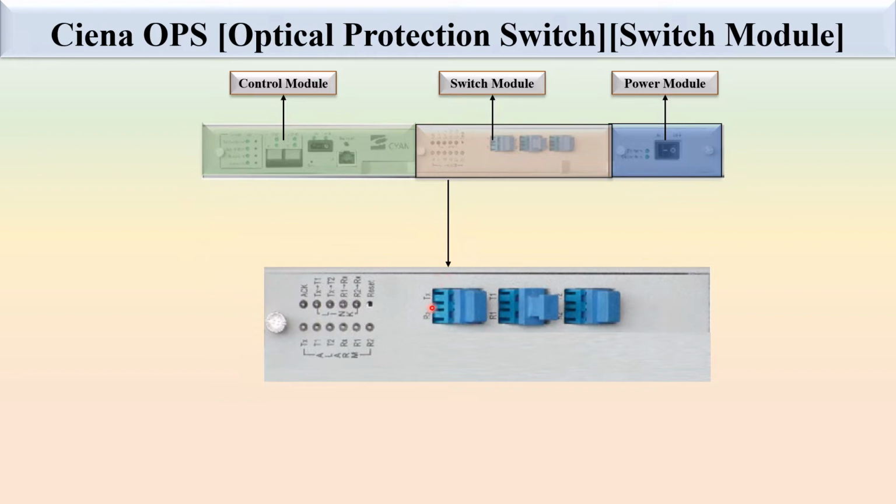This TXRX is further divided into two signals, and this is a splitter. There is a splitter in the switch module, so the TX signal is divided into T1 and T2, and from the far end there are two signals, R1 and R2, and the better signal is received at the RX. So you can see here this is the TXRX, this is the T1R1, and this is the T2R2 slot.